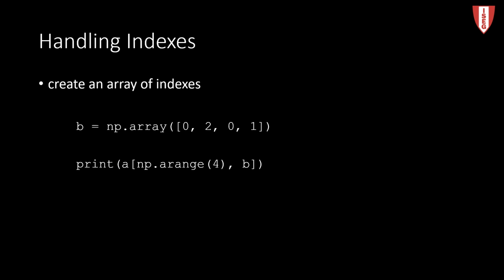We may create an array with the index of each one of the rows, that is the array B, and np.arange creates an array with all the indexes of the rows.